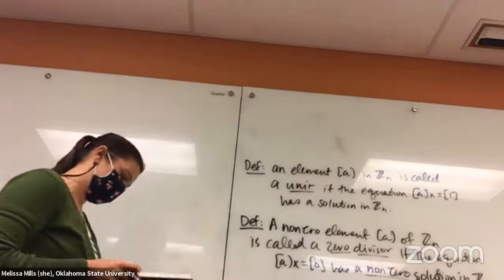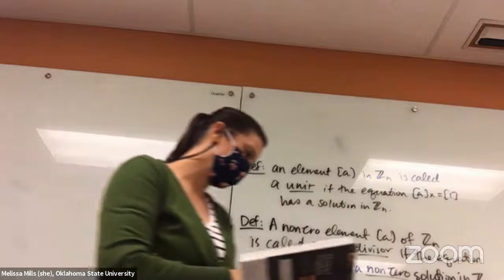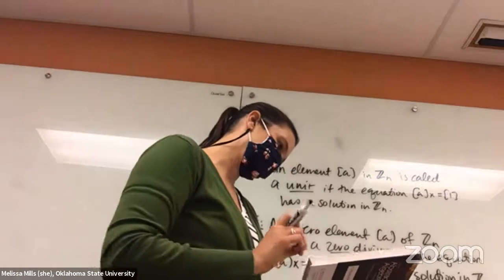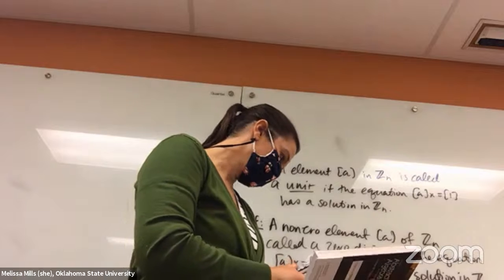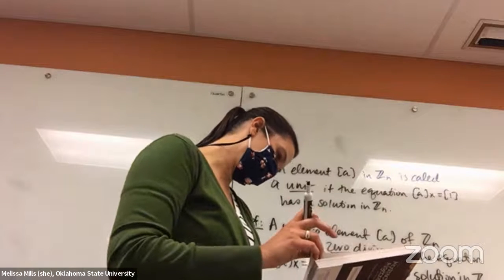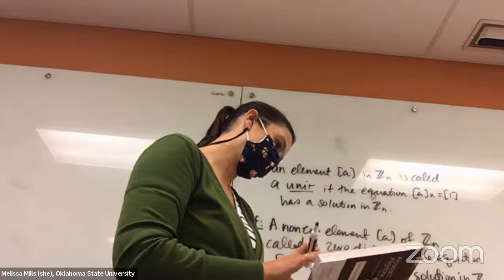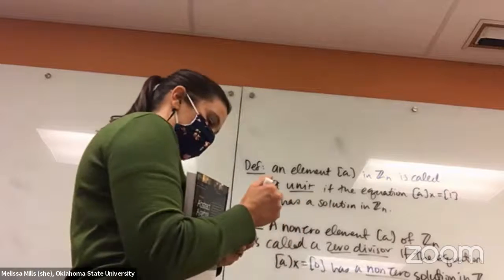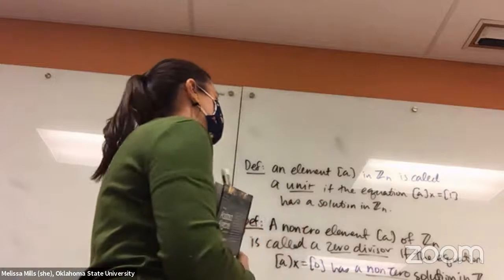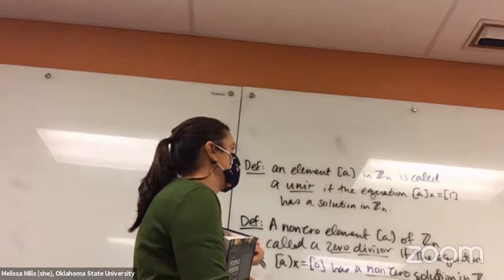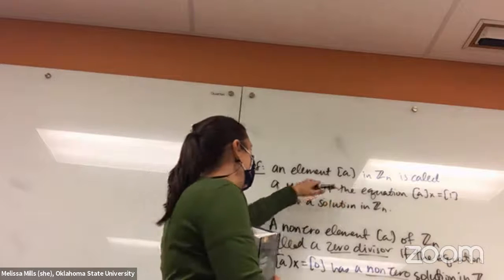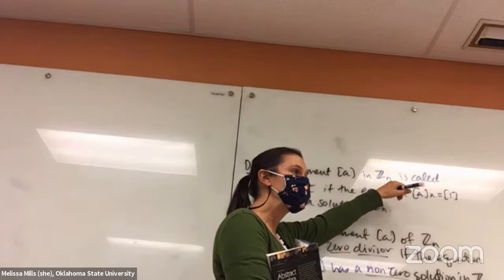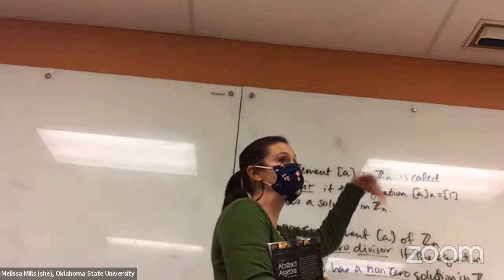And so we had some theorems showing things like, the way you were thinking about these units and zero divisors is, is the number A relatively prime with n? If so, it's a unit, but that wasn't the definition.